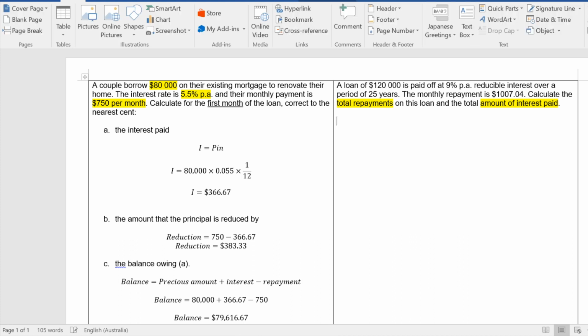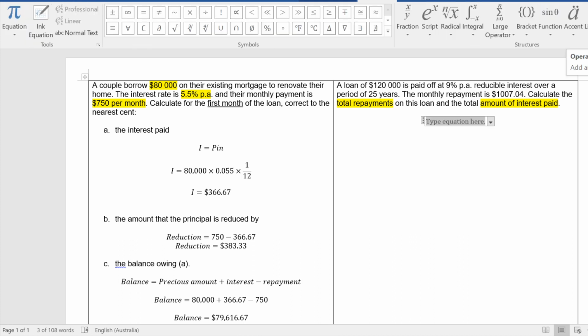I'll just insert an equation quickly. So first, let's go TR for total repayments, okay? Now, they've thrown a few things here kind of as a red herring, particularly the 9% interest, and we don't need that. To find the total repayments, we're going to take our $1,007.04, and we're going to multiply it to work out how much this person is paying for this loan.